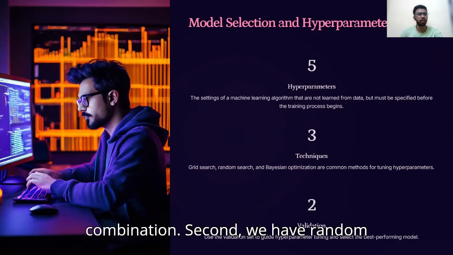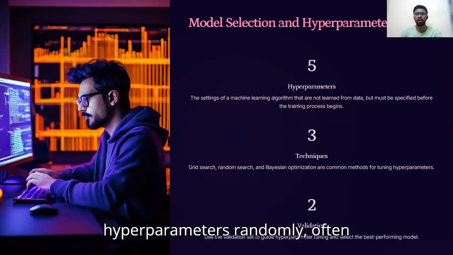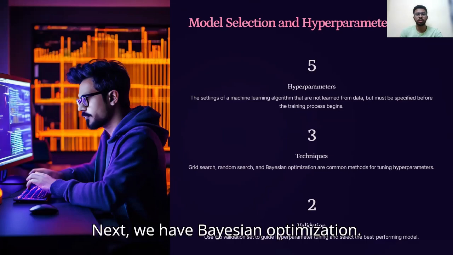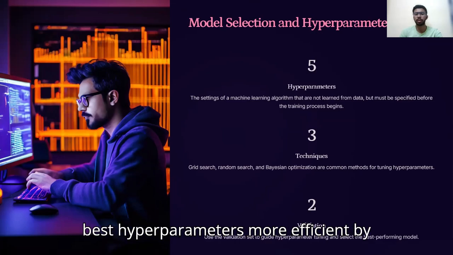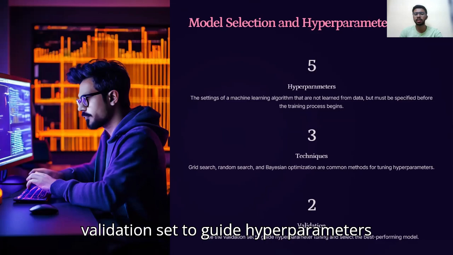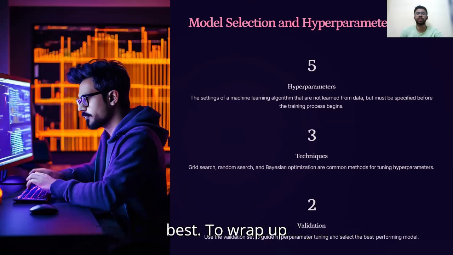Second, we have random search. Random search samples hyperparameters randomly, often providing faster results. Next, we have Bayesian optimization. Bayesian optimization tries to find the best hyperparameters more efficiently by learning from past results. Validation. Remember, use the validation set to guide hyperparameter tuning and pick the model that performs best.